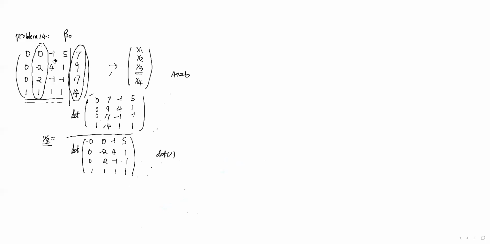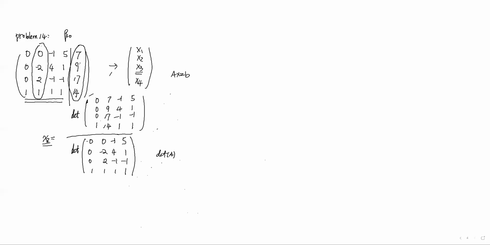You don't know which component the professor will ask you in the test. If the problem is asking you to write the x1 component, the denominator is the same. You just replace the first column by the right-hand side vector.